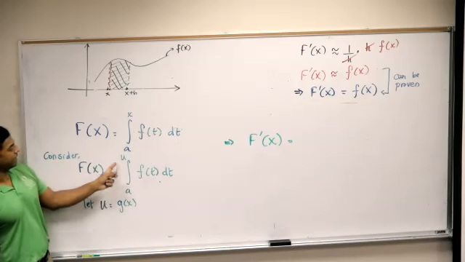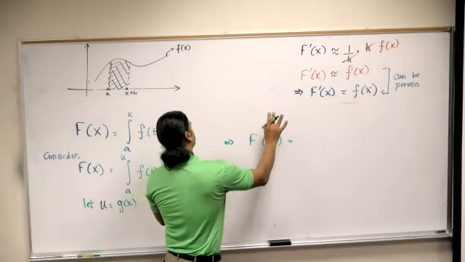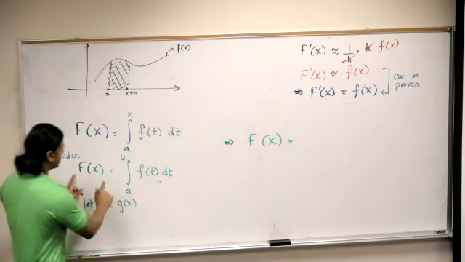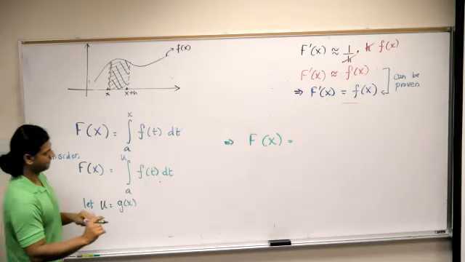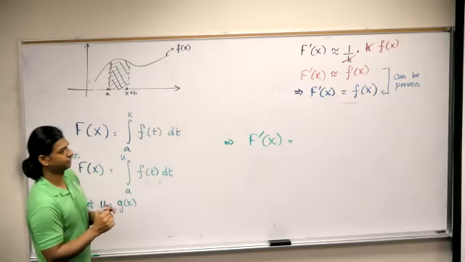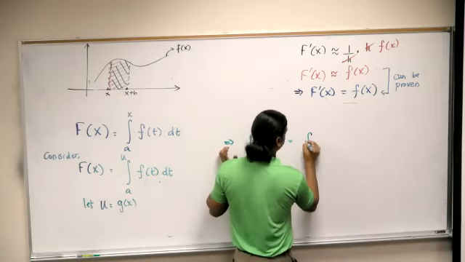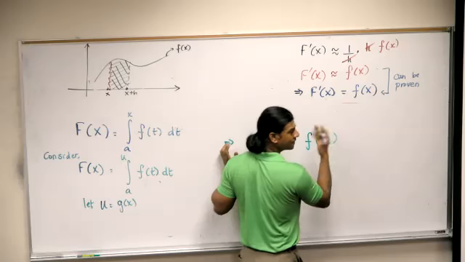Now I have a to u, f of u. Let me not skip this step. What would f prime of x be? F of u, you are correct.